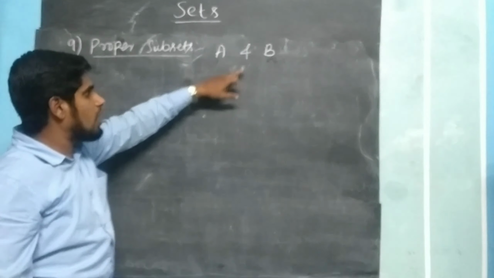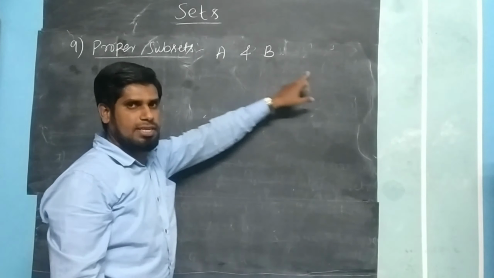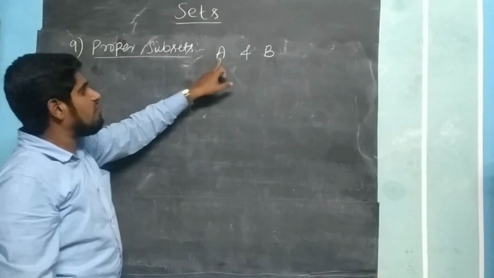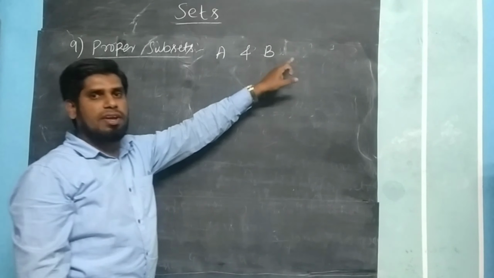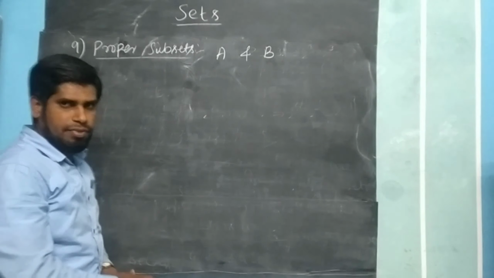If set B has an equal number of elements with A, then it is just a subset. But if B has a few more elements, then we can call A a proper subset of B.